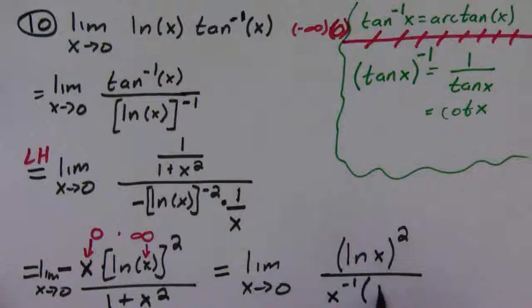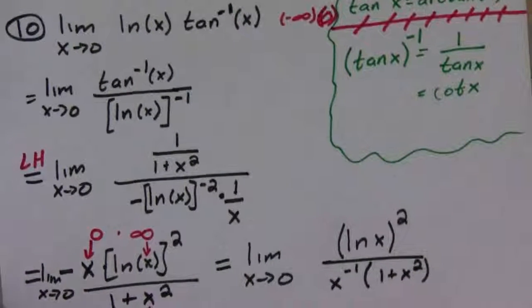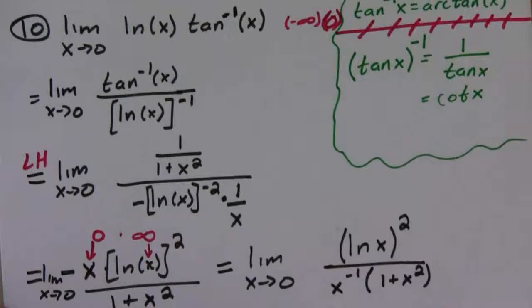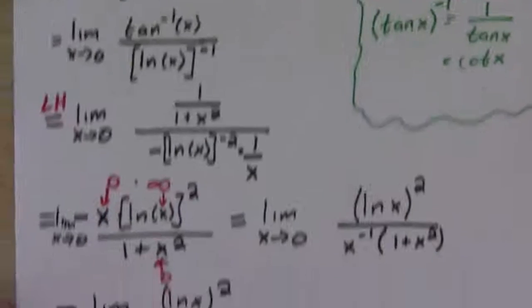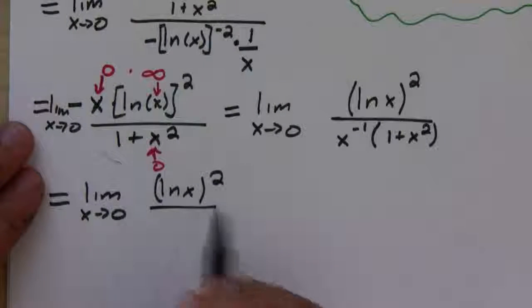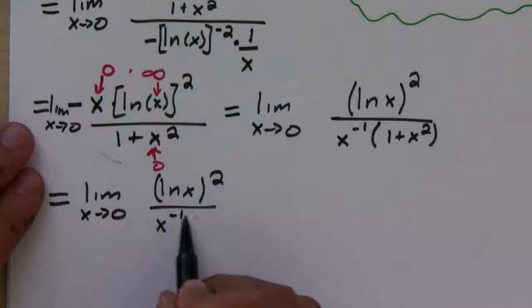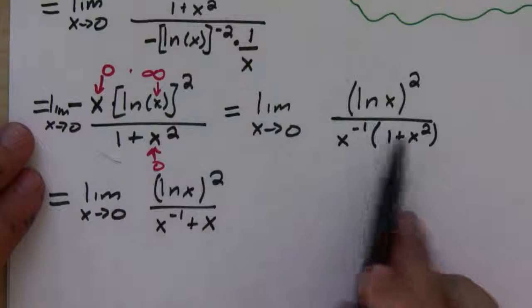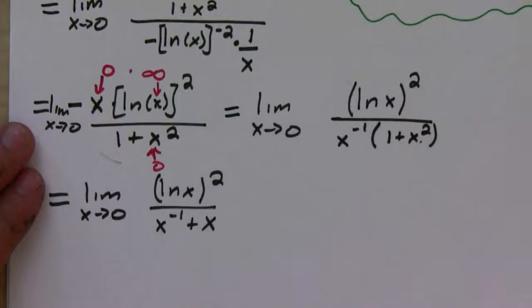And then this would multiply 1 plus x squared. And so then if I simplify a little bit more, what I get is natural log of x squared over x to the negative 1 plus x to the positive 1, if I distribute this one down to both.